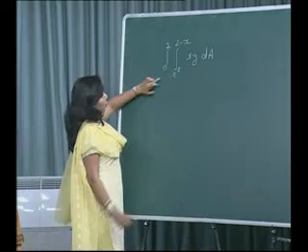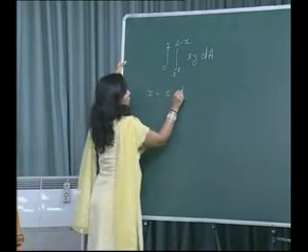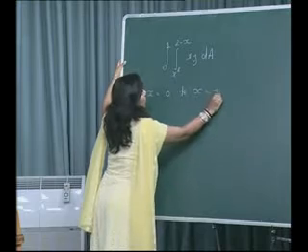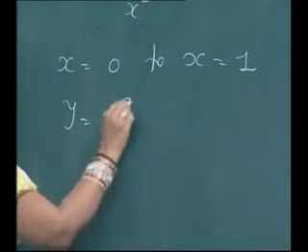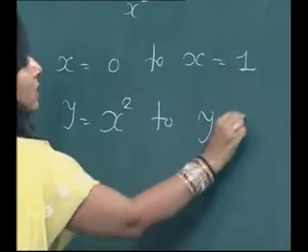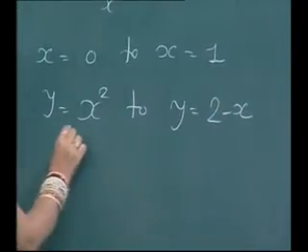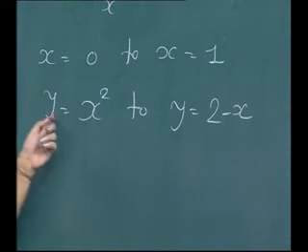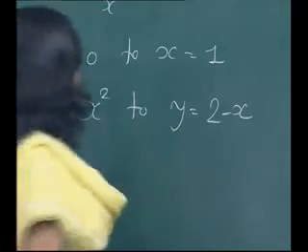The outer limit is x equal to 0 to x equal to 1, and the inner limit is y equal to x square to y equal to 2 minus x. Here we can see that this is the equation of a parabola and this is the equation of a line. So we will draw this diagram here.